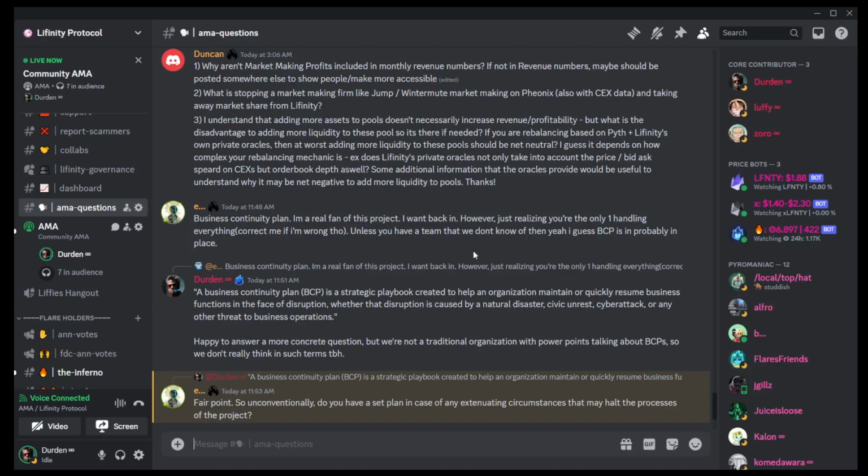Now, what would happen if we added liquidity beyond that level? A few things would happen. One is that it would increase our trading fees. If you have more volume and you don't change your parameters, if the only thing you're changing is your liquidity, then yeah, the more liquidity you have, the more volume you get.